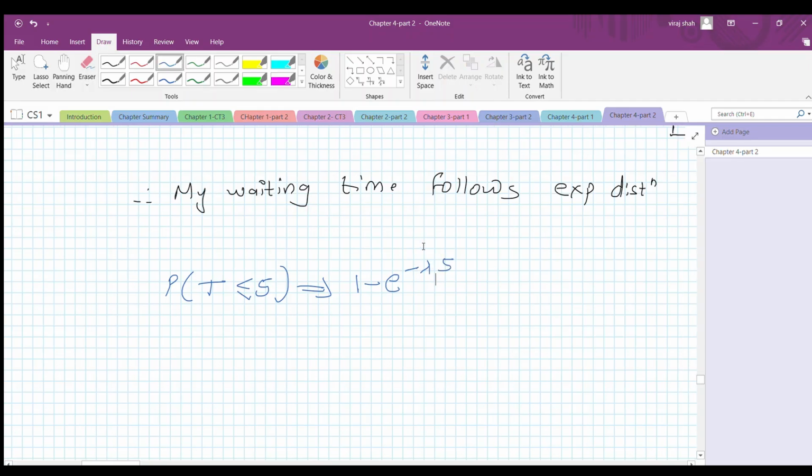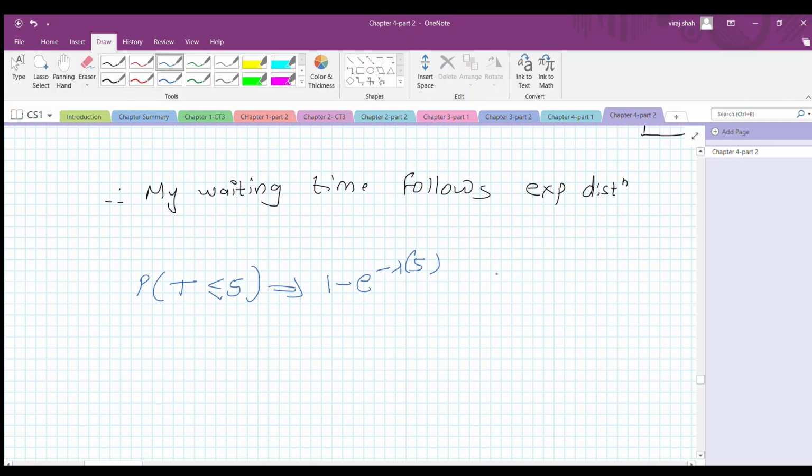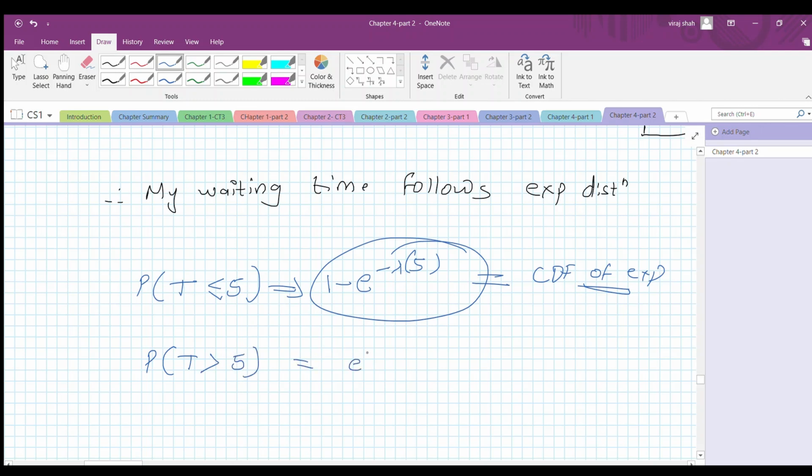This formula is basically the CDF of exponential. Similarly, the probability that my waiting time would not be more than 5 hours is nothing but e raised to minus lambda 5, or e raised to minus lambda x, where x is 5.